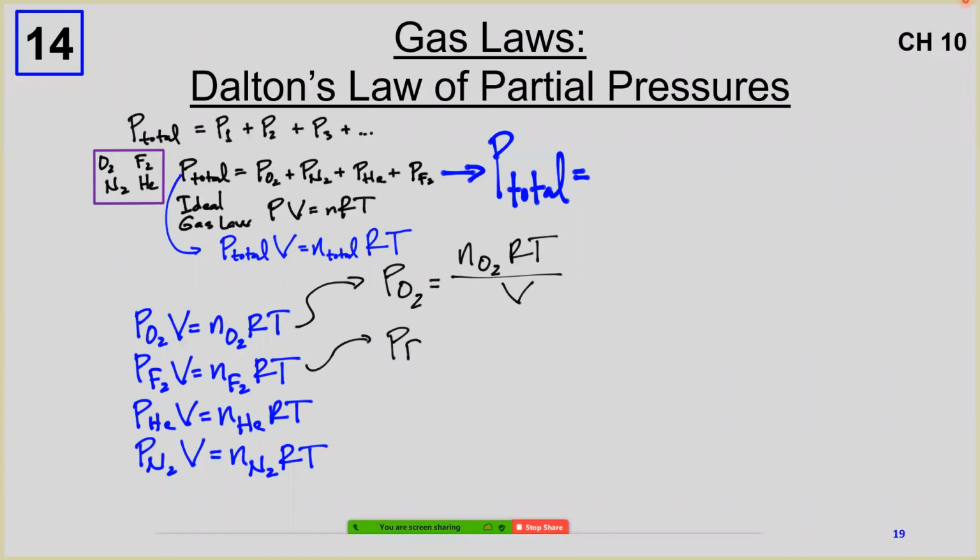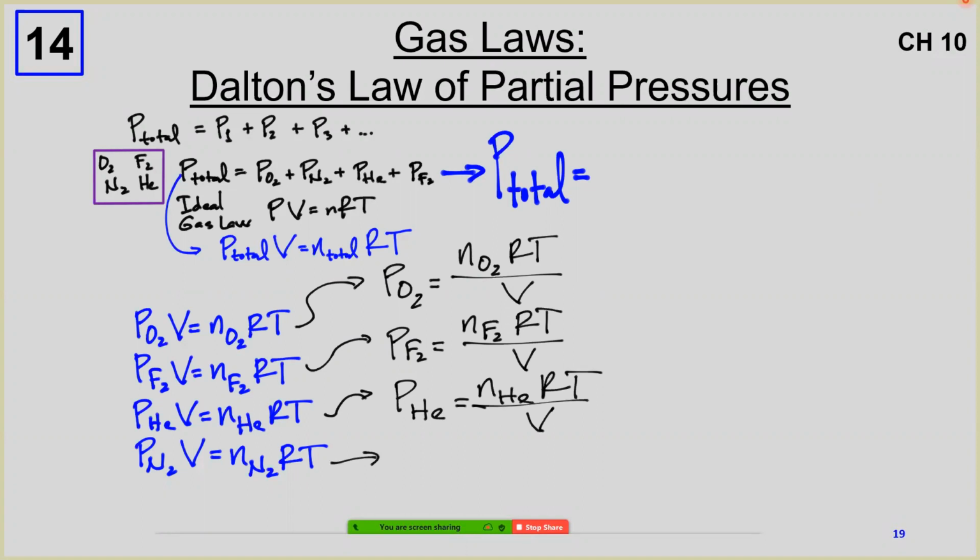Pressure of fluorine gas equals the number of moles of fluorine gas times RT divided by V. For helium it would be the number of moles of helium times RT divided by V. And the last one here, pressure of nitrogen gas equals number of moles of nitrogen gas times RT divided by V.